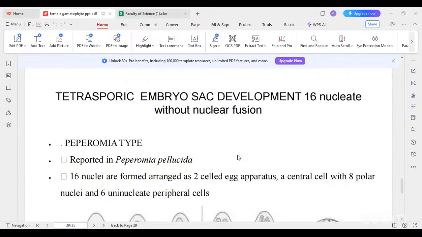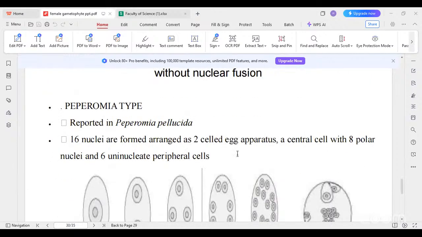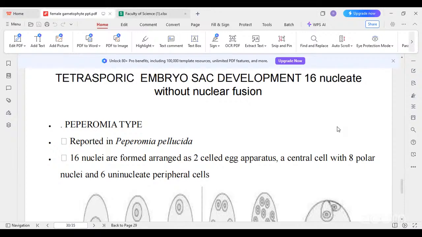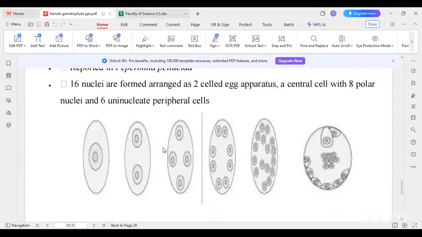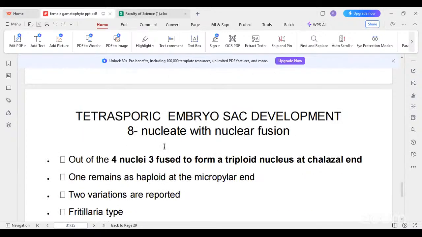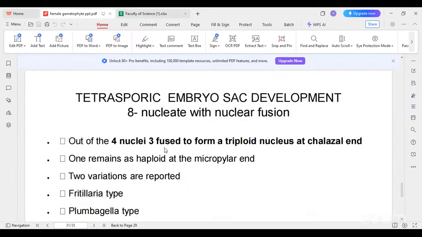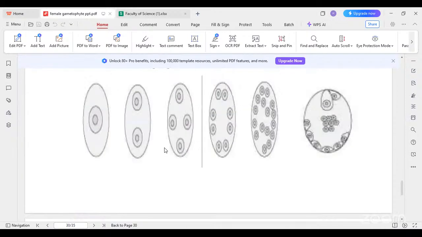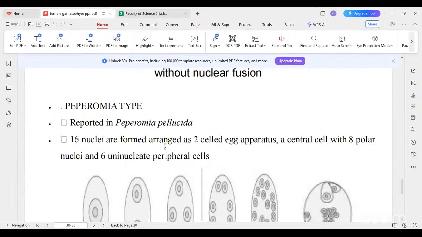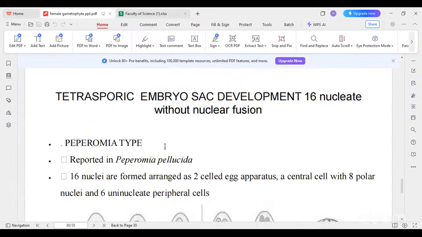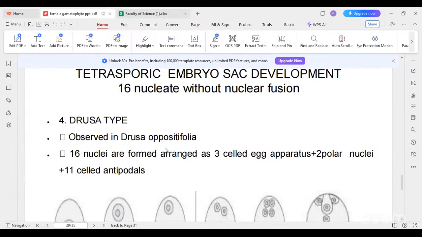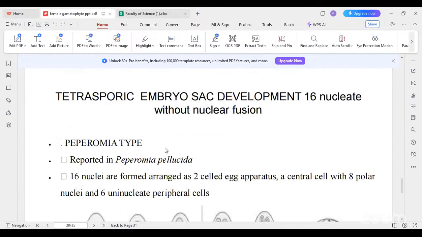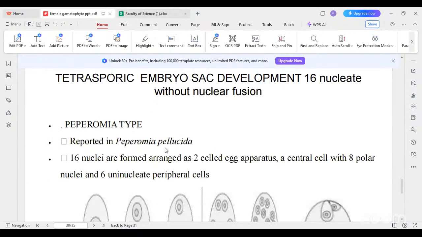Coming to the next one, Peperomia type, the fifth one, reported in Peperomia pellucida.